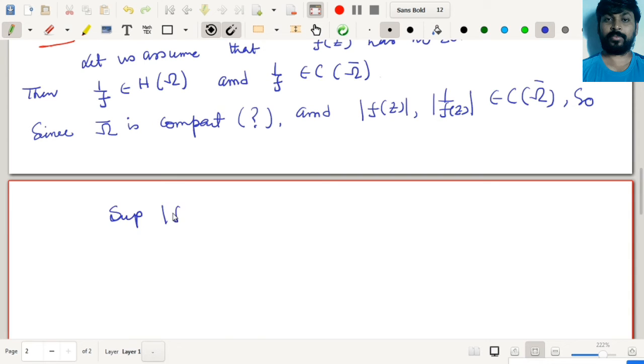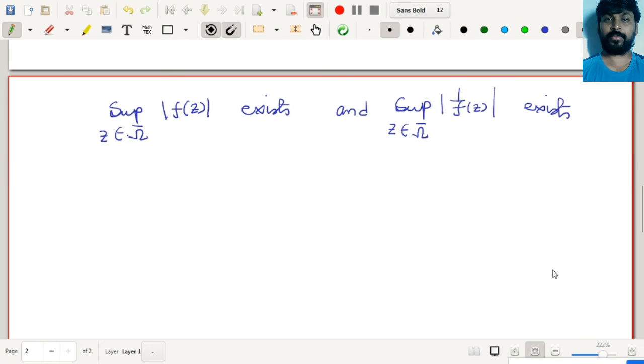Supremum of mod f(z) on omega bar exists, as well as the supremum of 1 by mod f(z) as z belongs to omega bar exists.